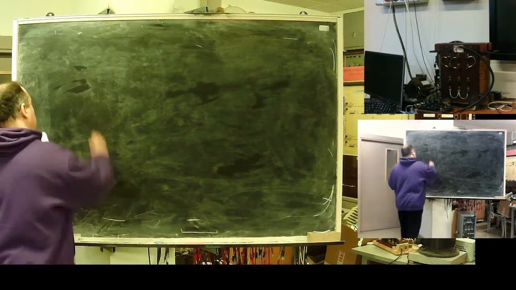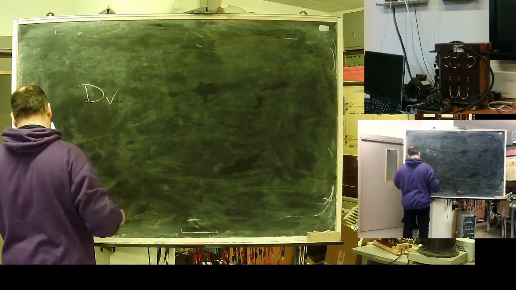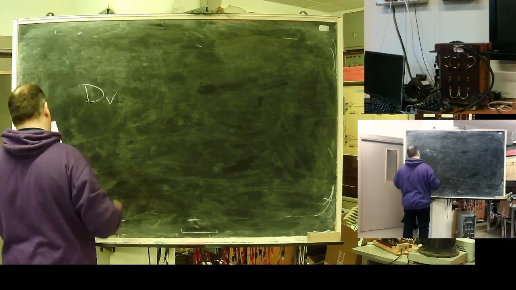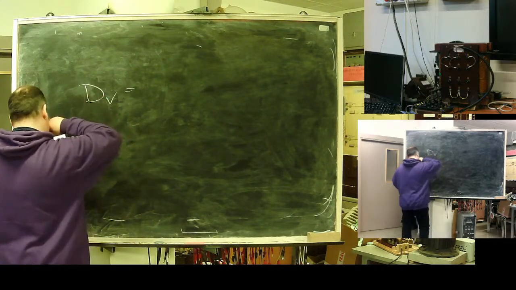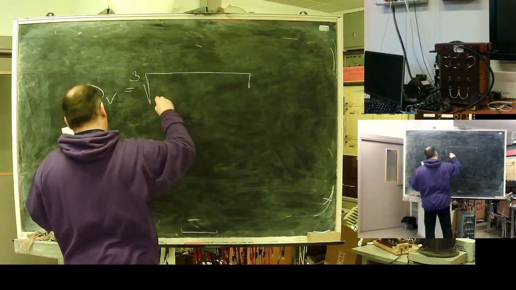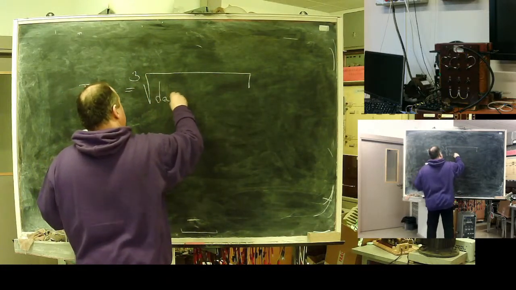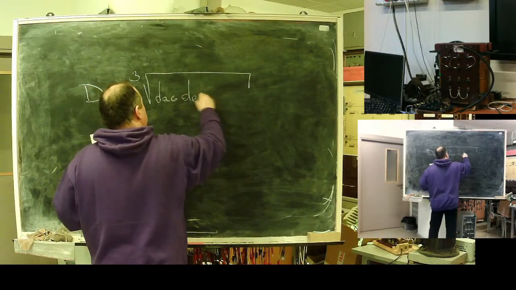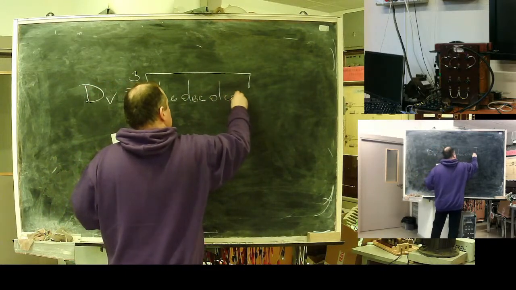For simplification, average distance is used. It's the square root of DAB, DBC, DCA.